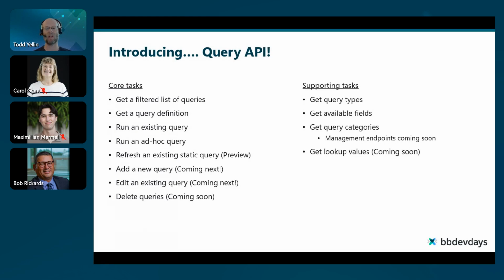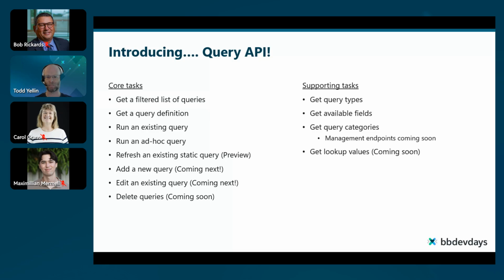So you can see query types, get the complete tree of available fields through the API, work with categories, and get valid values for fields that are based on lookups like code tables or other lookup types of fields.